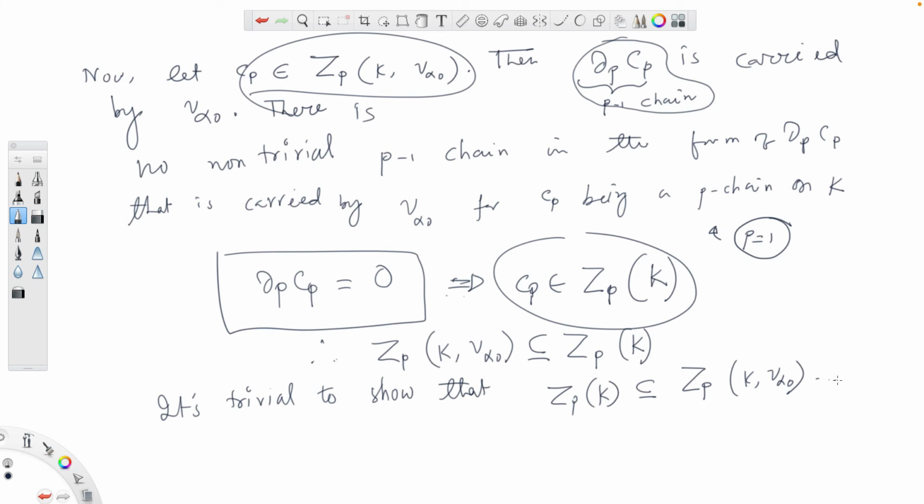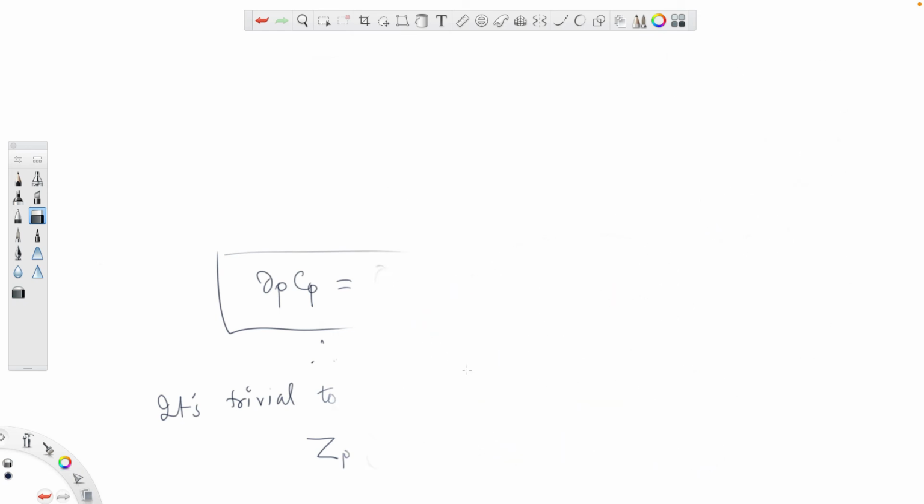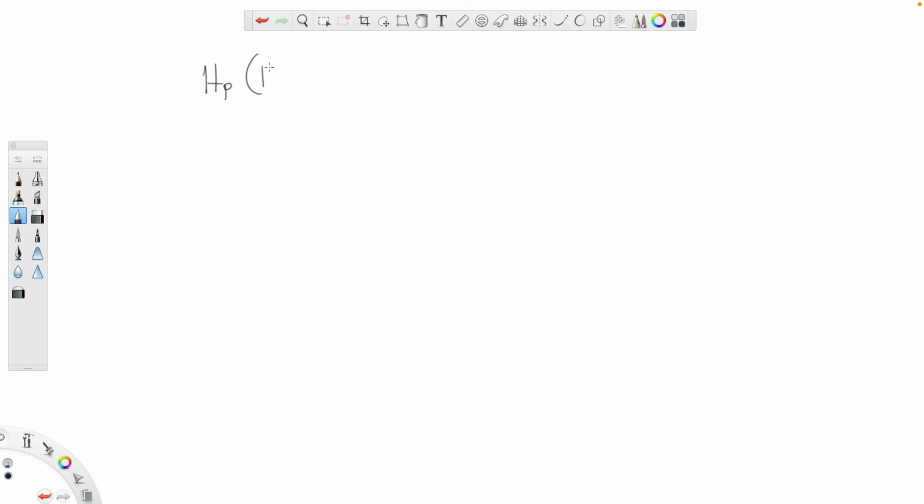So this is our equation, and together with this it implies Z_p(K, V alpha 0) is equal to Z_p(K), which is our equation number 2, and 1 together with 2 imply H_p(K, V alpha 0) is equal to H_p(K).